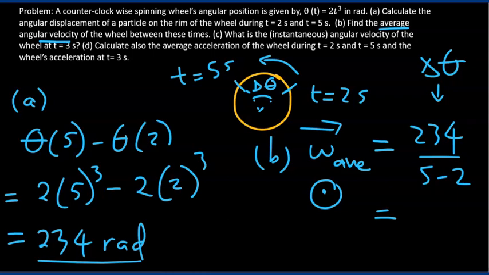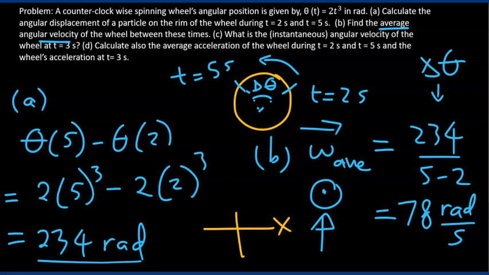The calculation gives you 78 radian per second in the direction out of the plane. So if the plane is xy, the plane of the screen, the direction of this average angular velocity is along the positive z-axis.